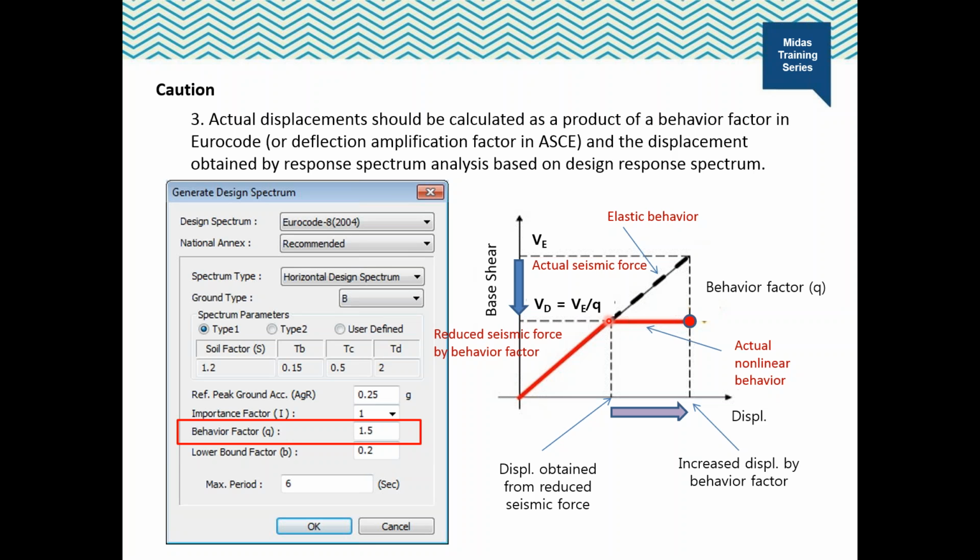So, the base shear can be reduced to the magnitude of actual nonlinear behavior without performing nonlinear analysis. The displacement is also reduced by the same factor. But this is not the actual nonlinear behavior. So, we should multiply the displacement obtained from elastic analysis by behavior factor in order to get the actual displacements.